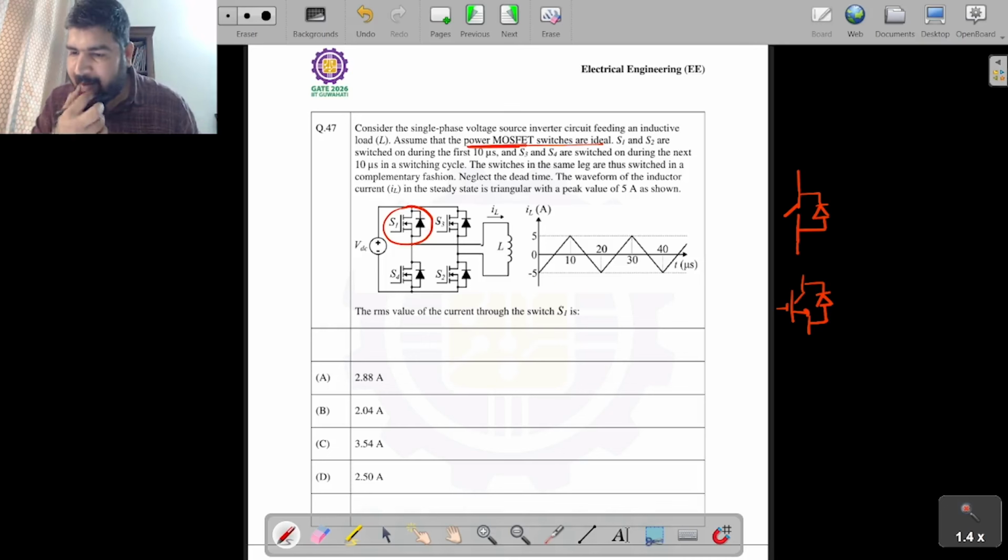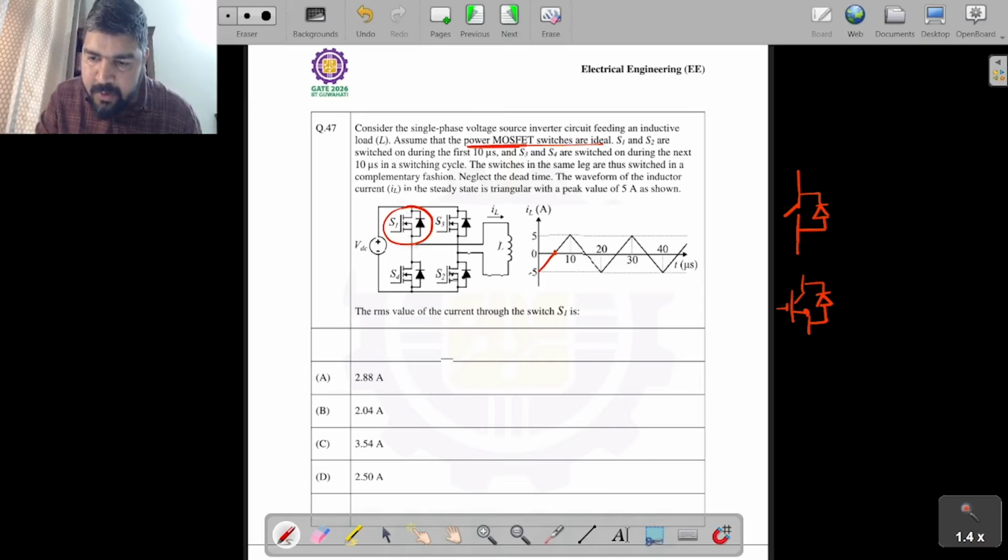So now let's see from where to where S1 is conducting. From 0 to 10 microsecond, S1 is on, and the current is negative. The current is flowing backwards, so current is flowing through the diode, but it doesn't matter. We have to consider the diode current as the current of the switch. So this same current is flowing through the switch. And then from 5 microsecond to 10 microsecond, the current is positive.